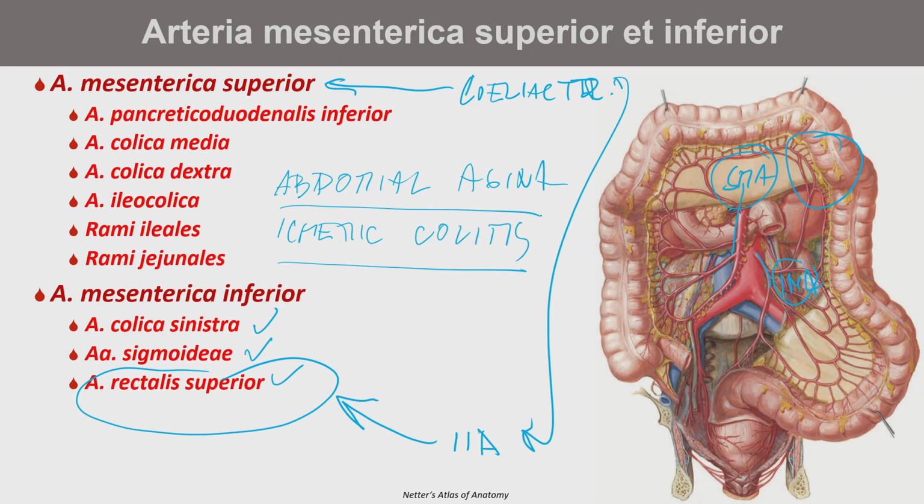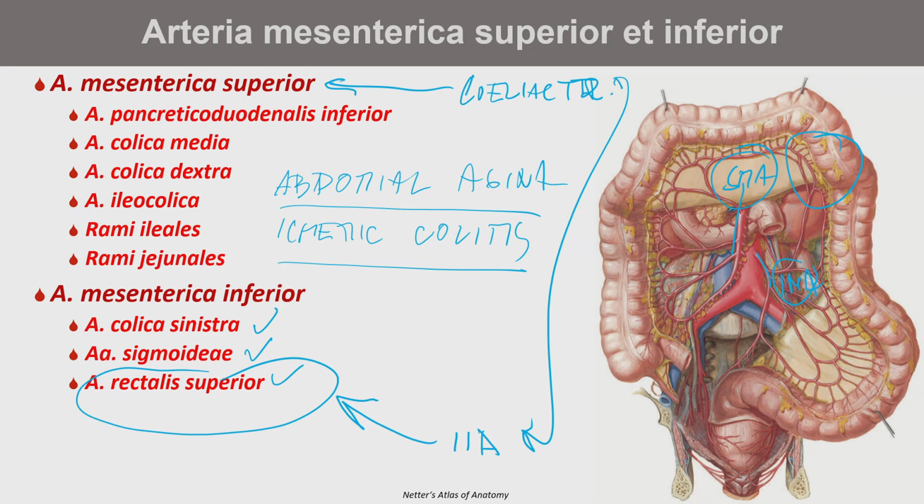But in chronic, the patient who has only one, for example, only celiac trunk patent or superior mesenteric artery and is eating something, the patient has a very severe abdominal pain and also diarrhea and could have intake only a very small amount of the food.